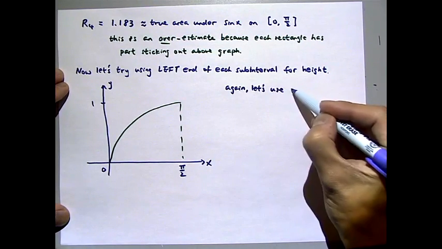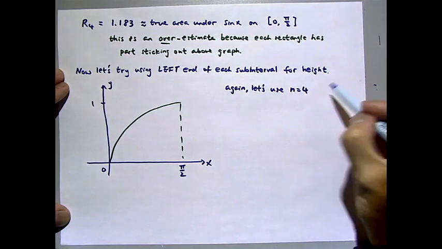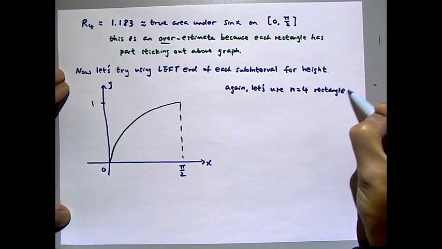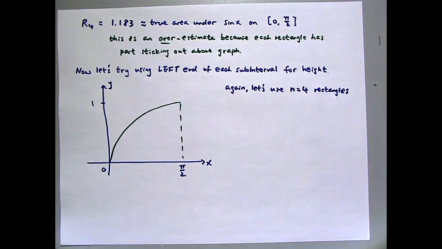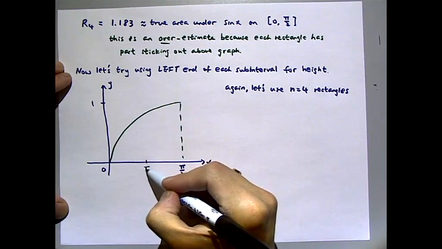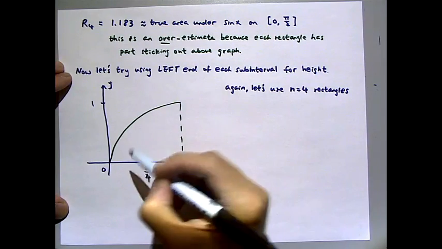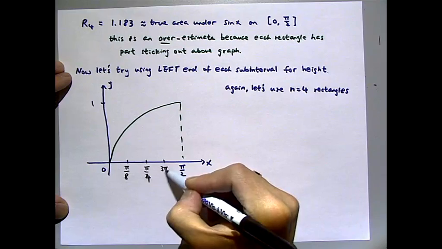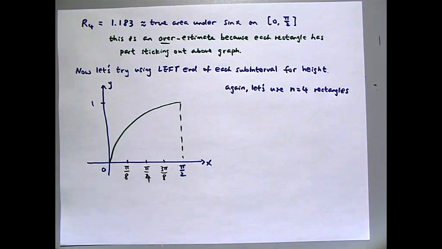Again, let's use n equals 4 rectangles. So we chop in 2, each one chopping half again. These are all the same numbers as before: 1 pi over 8, 2 pi over 8, 3 pi over 8, 4 pi over 8.